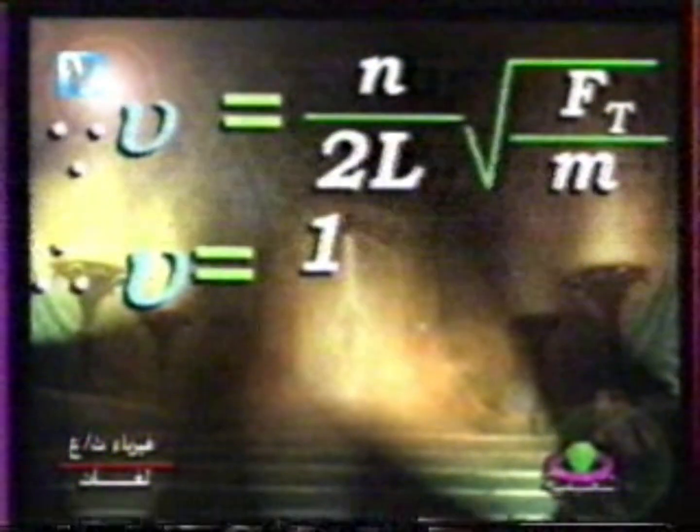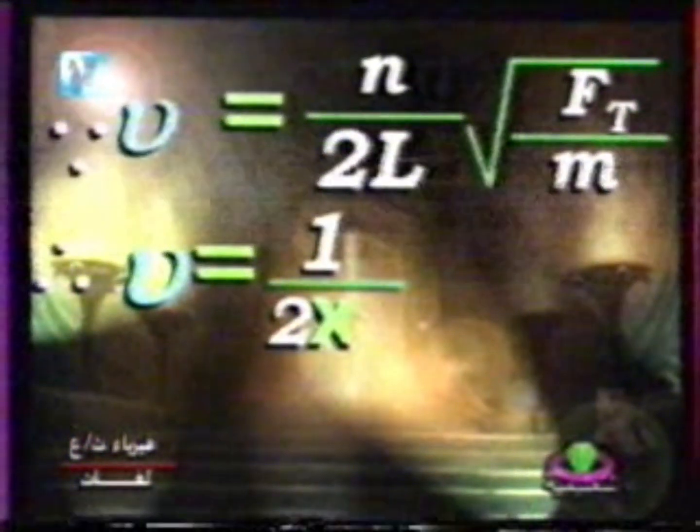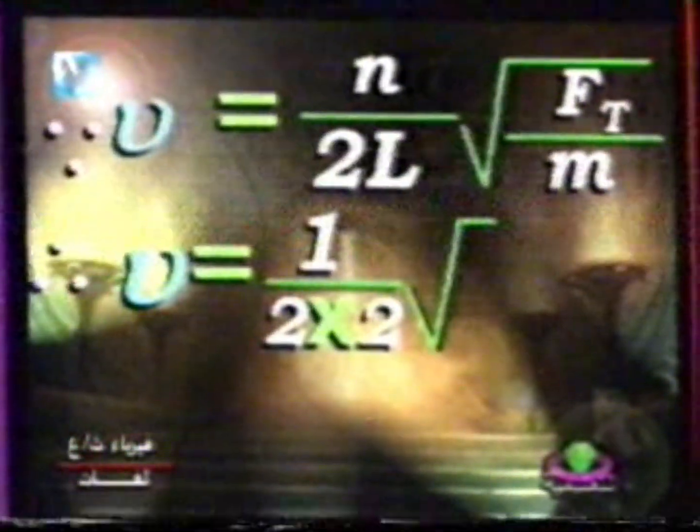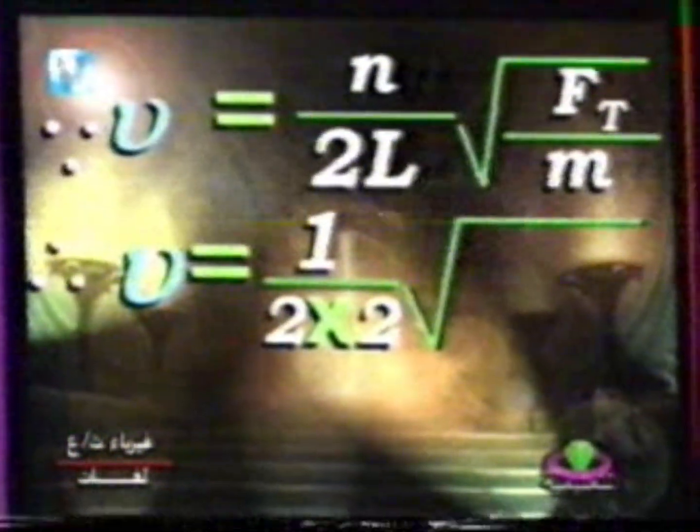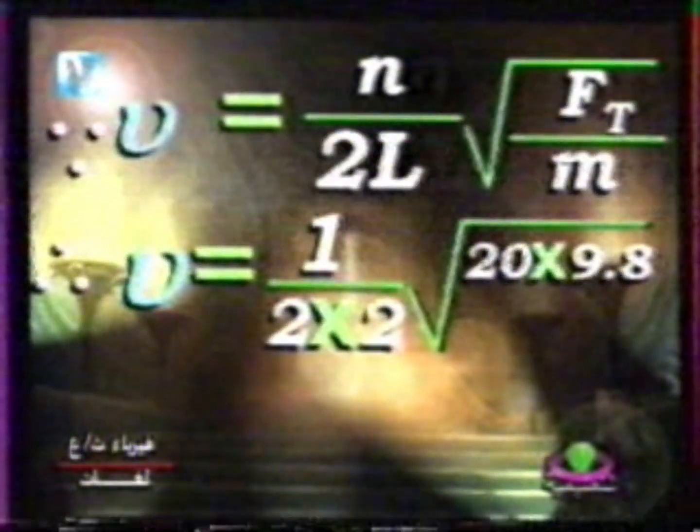Since nu equals n over 2L root F_T over m, therefore nu equals n, here the fundamental tone we substituted by 1, over 2 times the length of the string 2, root F_T. Here the mass stretched with a mass 20 kilogram.